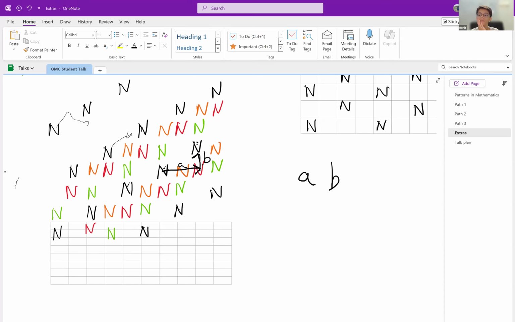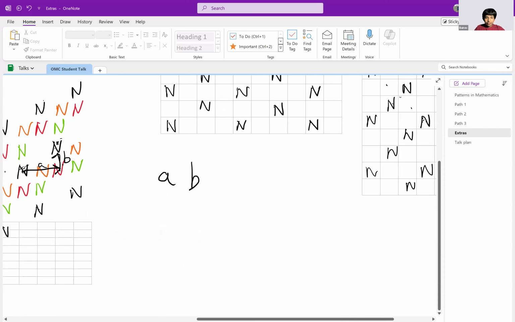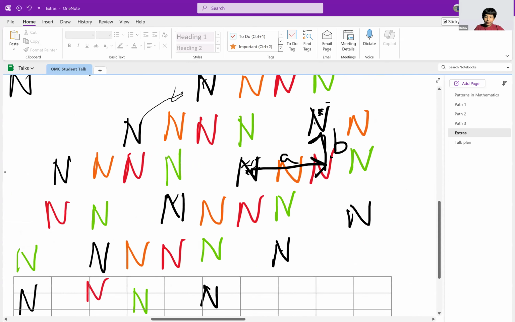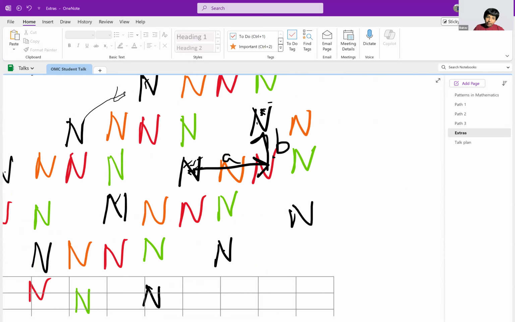Here it would be root 5, right? Let me show you what I mean by the multiplication.